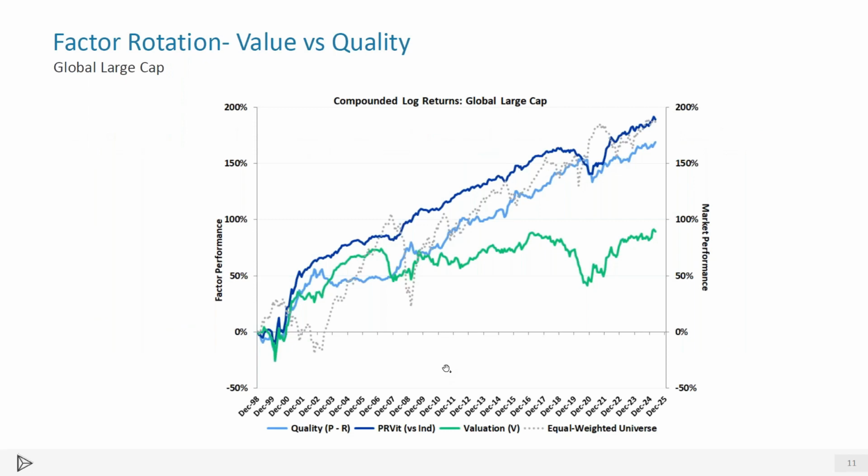We produce graphs like this that show what kind of a market we are in. Prove It is the dark blue line, Quality is the light blue line, Value is the green line. So here from 2015 to 2020, value didn't work. So expensive stocks got more expensive, cheap stocks got cheaper.